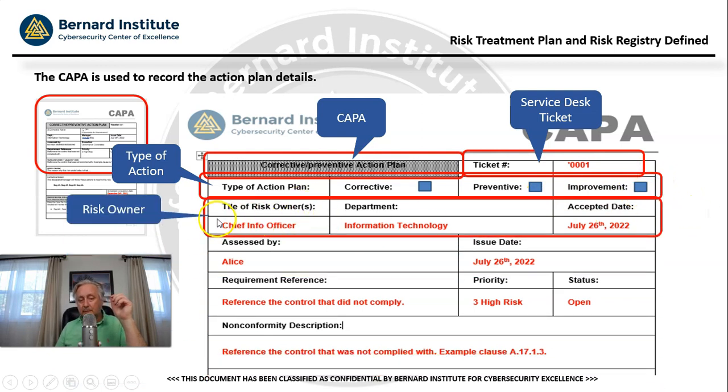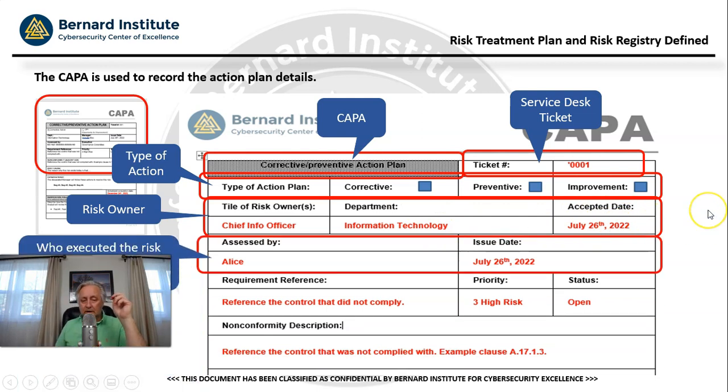Who owns it? Title of the risk owner. So the Chief Information Security Officer or the CIO, Chief Information Officer maybe. They're in the IT department. They received this CAPA report on this date. The risk, the corrective or preventative risk that was identified, or the opportunity for improvement, was identified by this.